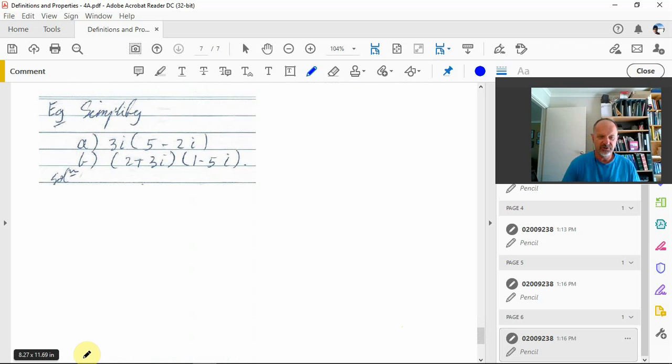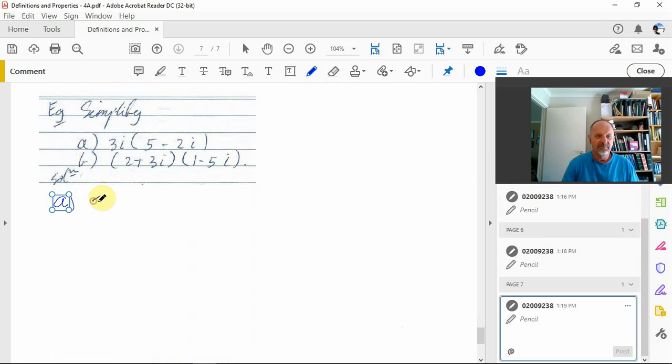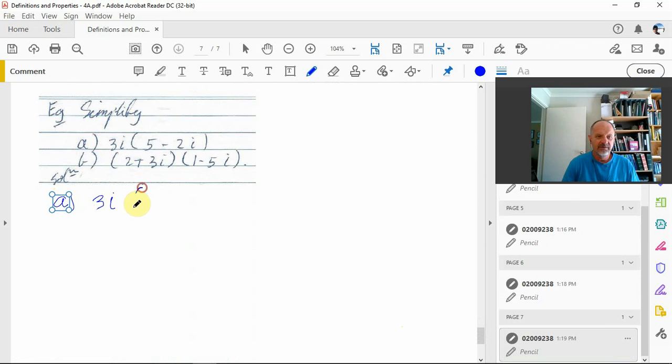So for this first one, solution for A, 3i times 5 minus 2i. So we go 3i times 5, 3 5s are 15, that's 15i.